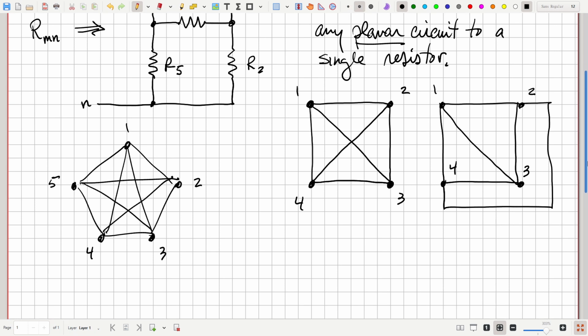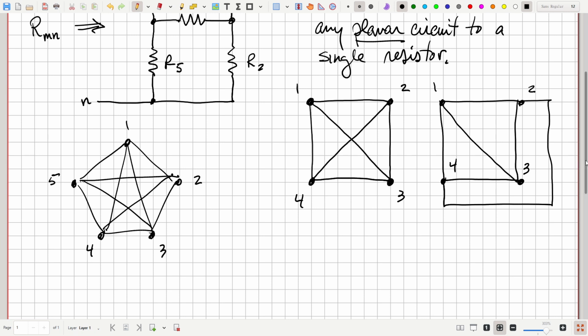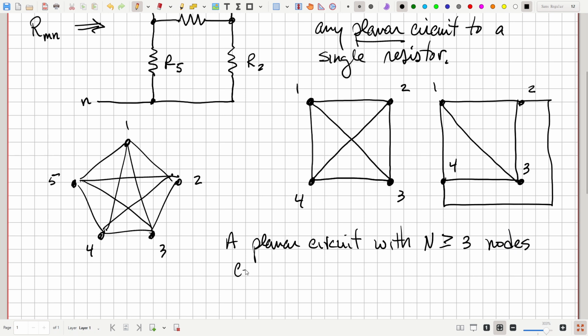And there's a result from graph theory. And it says the following. A planar circuit with n greater than or equal to 3 nodes or vertices can have at most 3n minus 6 branches.